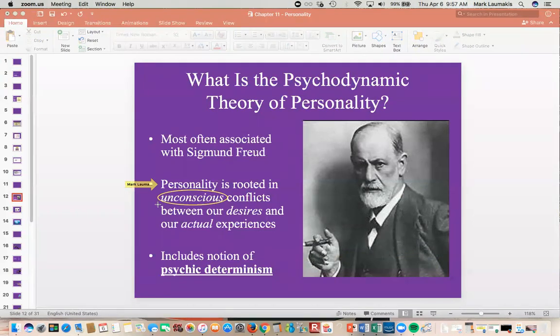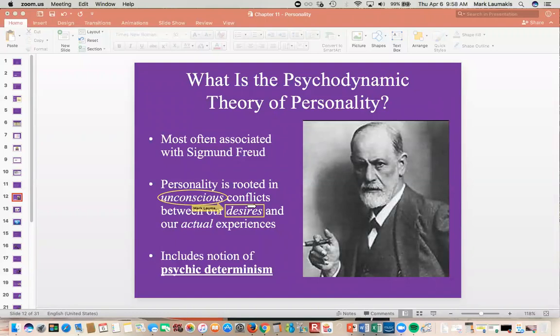So Freud thinks what makes us tick in terms of personality, what makes us be the way that we are, is unconsciously driven, and it's about conflicts or discrepancies, if you will, between our desires and our actual experiences. I would emphasize the desires in particular, because when you read about his model in the textbook, you'll see that one of the major points of emphasis for Freud is on sexual and aggressive desires and impulses.